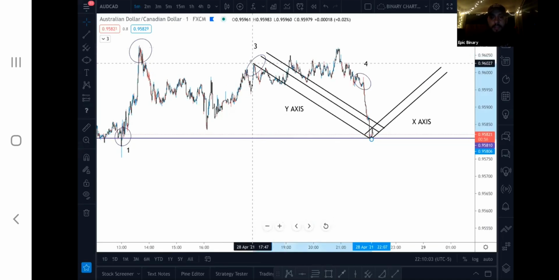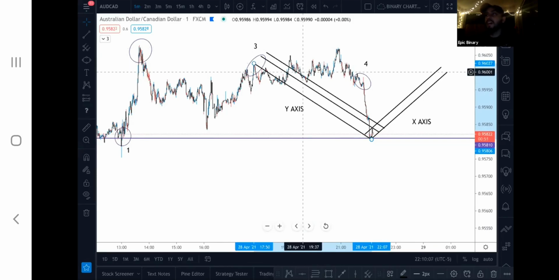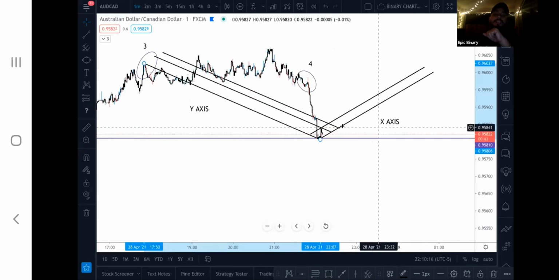Number 3 gives us the best starting radius in our grid. It gives us the best y-axis. I chose number 3 because it gave us the y-axis. It gave us the best L formation I could possibly find with this trend right now.